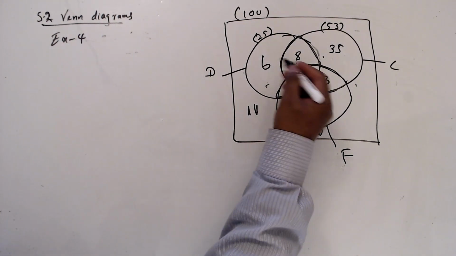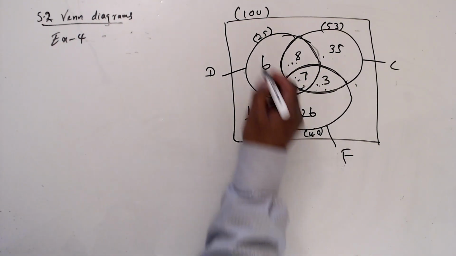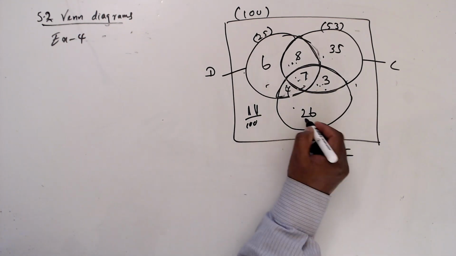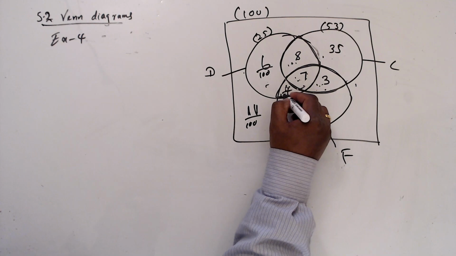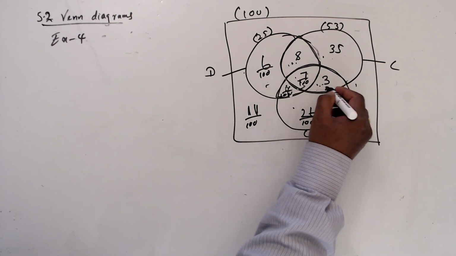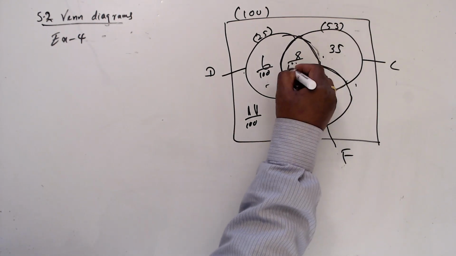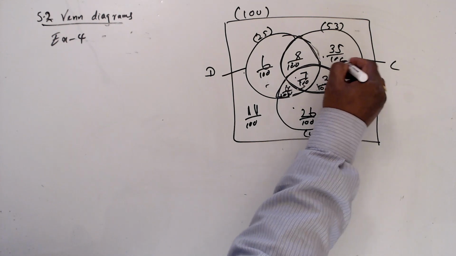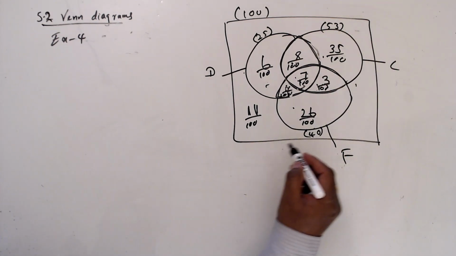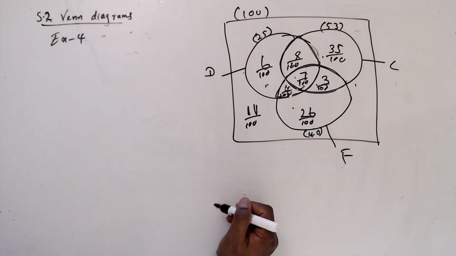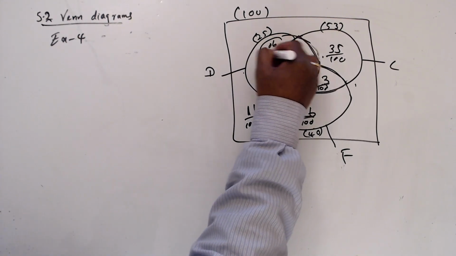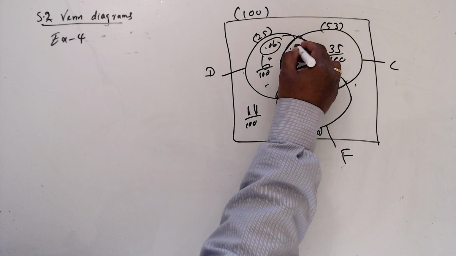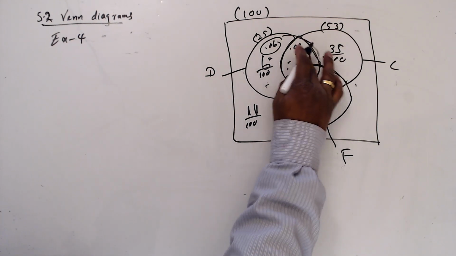If you want to make a probability of this, the total number is 100, divided by 100 everything. So then it will become probability. All areas. So now this is going to be 0.06. This is 0.08.